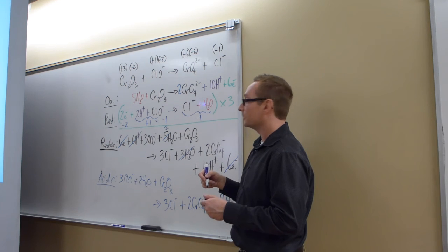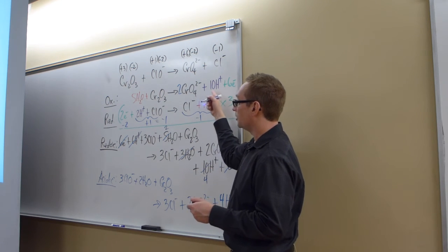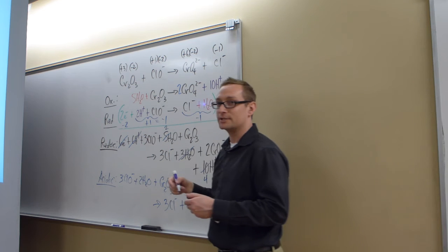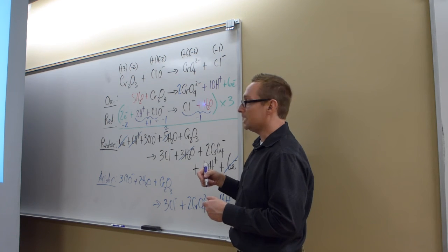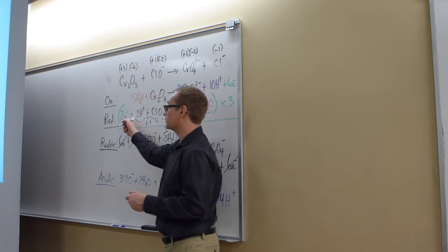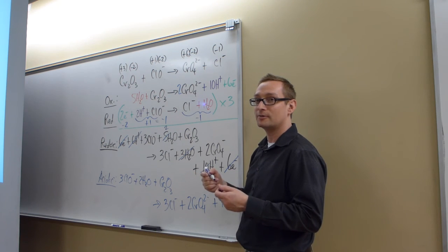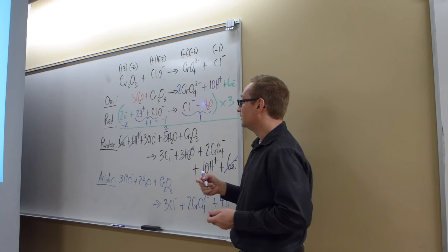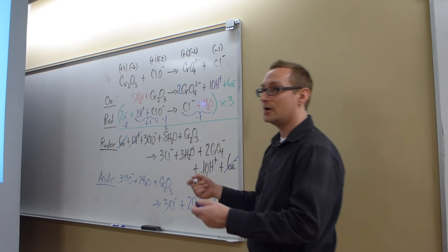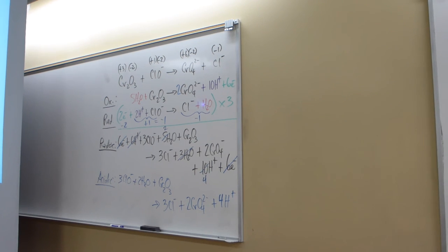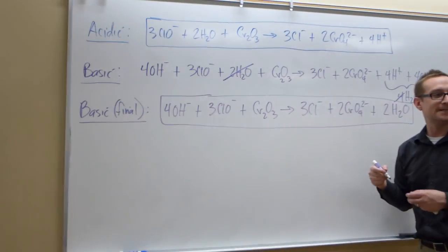The H part was adding the H pluses to both reactions to balance out the hydrogens. And then the E part is adding the electrons to one side or the other to balance the charge. So that's the MOHI, and then the O, MOHIO, is just adding the hydroxide to both sides.